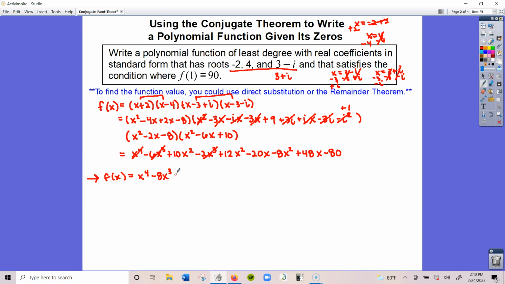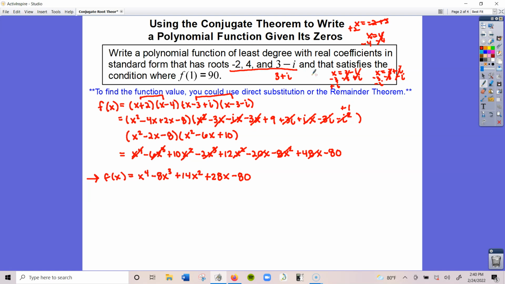That's going to be plus 14x squared. Now all of our x's. Negative 20x plus 48x is plus 28x. And finally, our constant, minus 80. So this is our polynomial given these zeros.